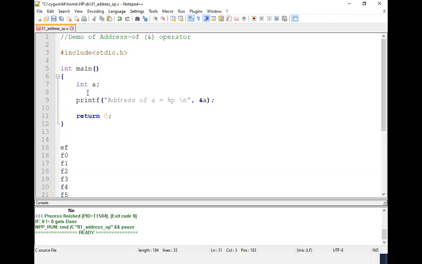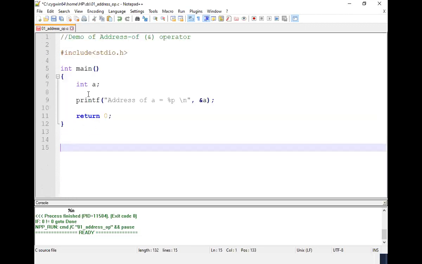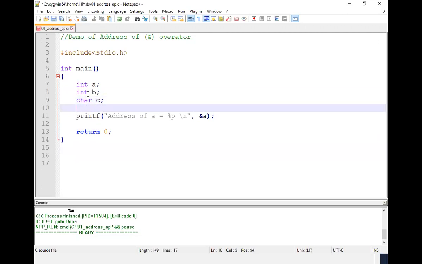Now, what I'm going to do here is take out all this and include a few more variables. Let me write int b, then a character variable, char c, and a float f. Let it be only these four variables as of now.